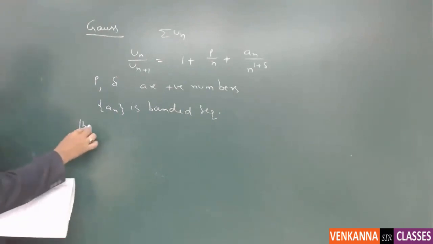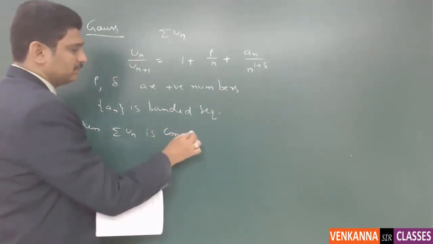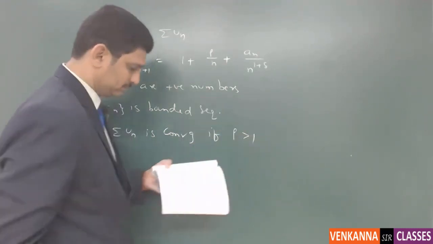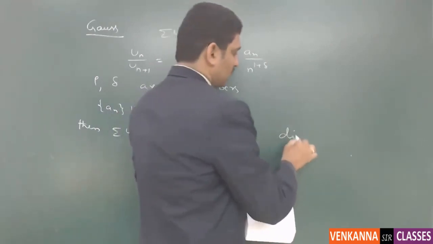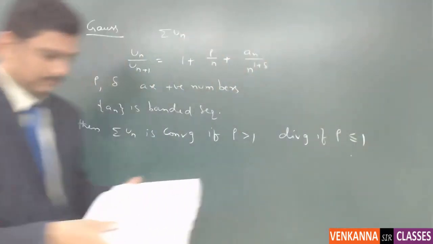Then sigma un is convergent if rho is greater than 1, divergent if rho is less than or equal to 1.